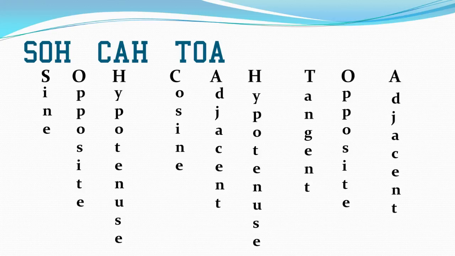If you're given a problem that has two sides, one given, one unknown, you're going to end up using tangent if those two sides are opposite and adjacent relative to the given angle. Remember, opposite and adjacent changes based on which angle you're looking at.